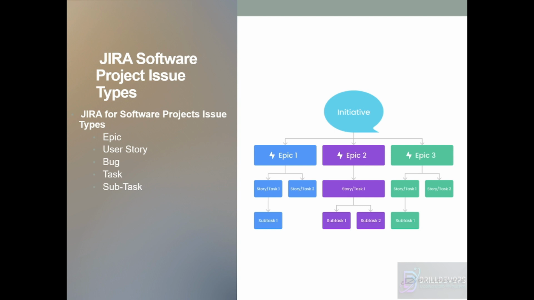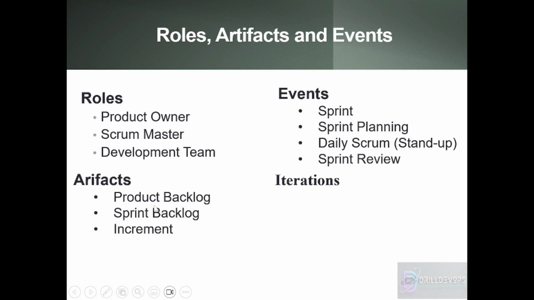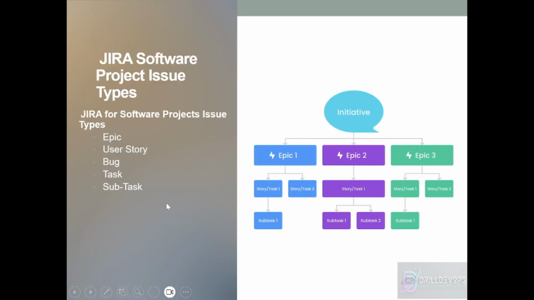Now let's start the core part of Jira. Since I said we'll be talking about Jira, this is where Jira comes in. The backlog items that I mentioned, the product backlog items, are all called epics. An epic is a big requirement that is divided into user stories.